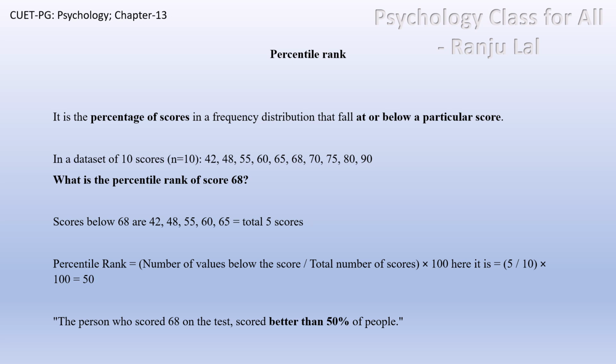In other words, 40 out of 50, that is 40 divided by 50 into 100 is equal to 80%. So 80% of students lie below the score of 60. Therefore, 60 will be termed as the 80th percentile of the given data regarding achievement scores.